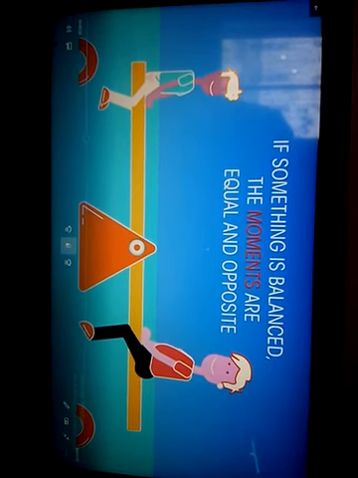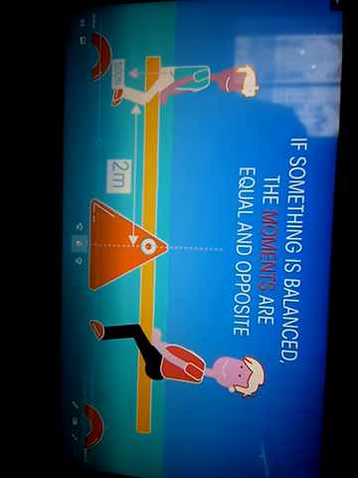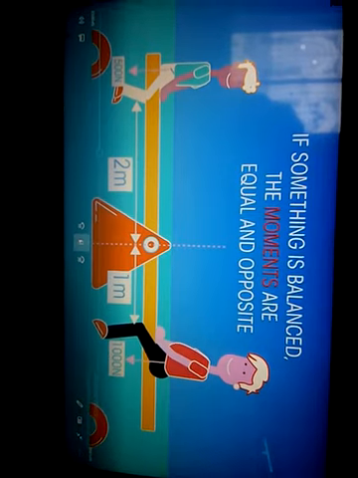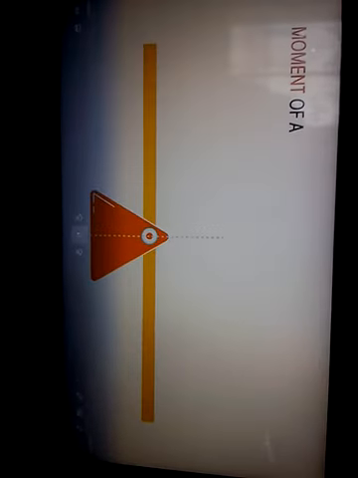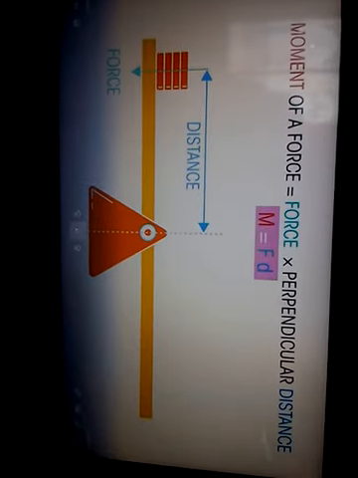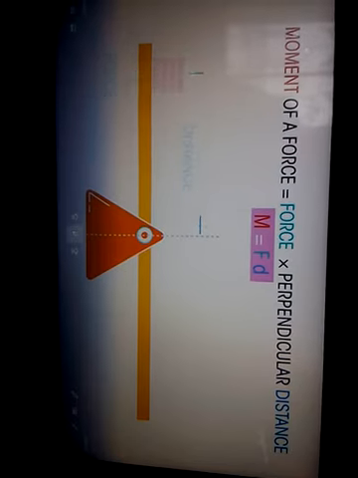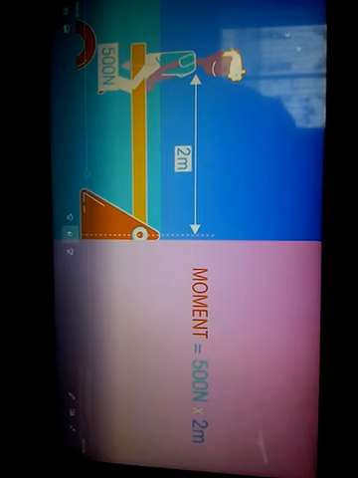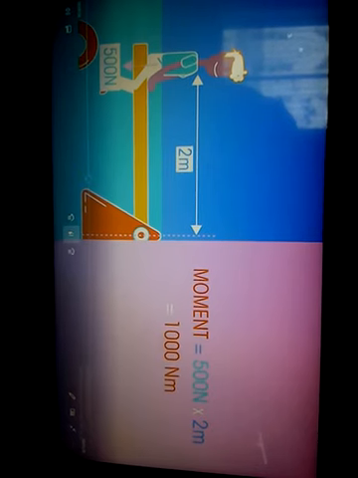To be balanced, this lighter child needs to sit further away from the pivot, and the heavier child needs to be closer. This is because the size of a moment is determined by the force and a distance. So the moment of the lighter person is 500 newtons multiplied by 2 meters, 1000 Newton meters.